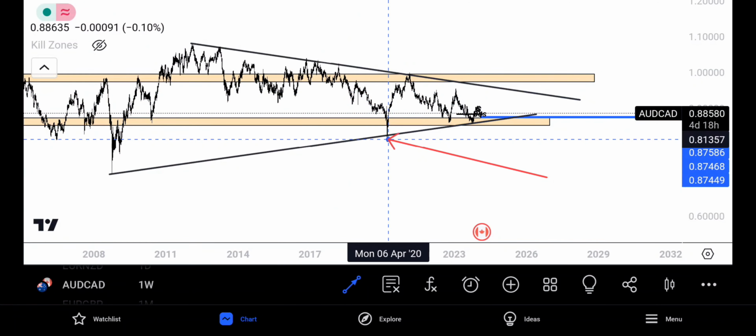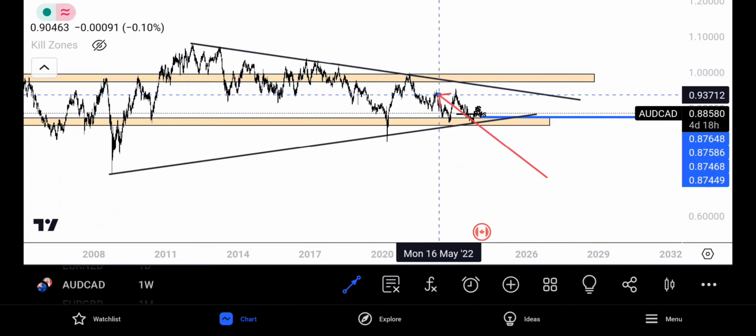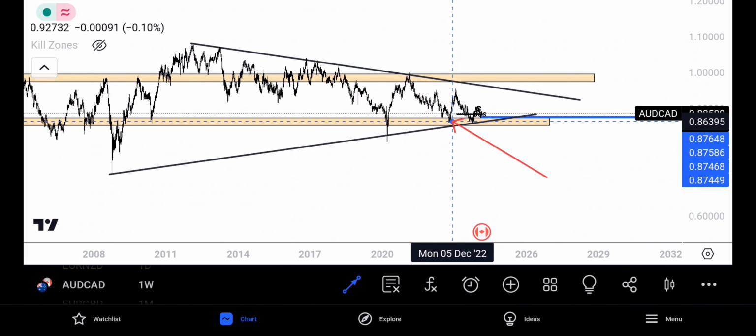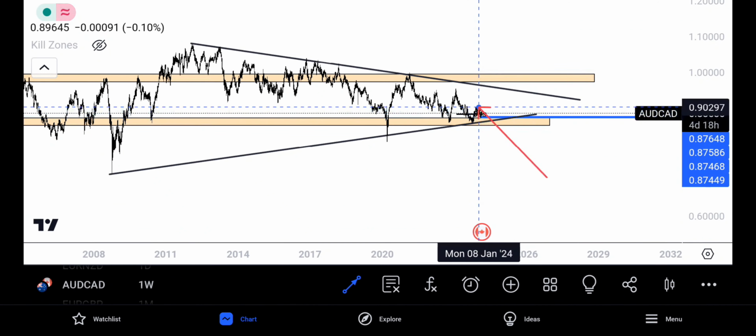We came back again, we tapped on the trend line, and we went up. Now we have come back again to tap on the premium support level, went up, tap on the trend line again, plus premium support level, went up.